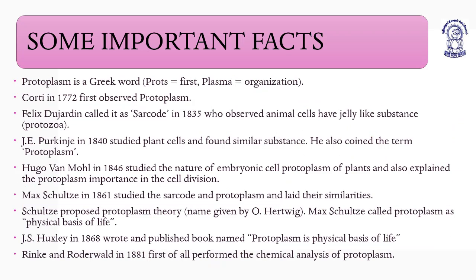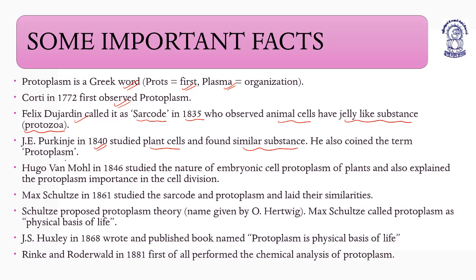There are some important facts. Protoplasm is a Greek word: protos means first and plasma means organization. Cotai in 1772 first observed protoplasm. Felix Dujardin called it sarcode in 1835, observing that animal cells have a jelly-like substance, in protozoa. J.P. Purkinje in 1840 studied plant cells and found a similar substance.